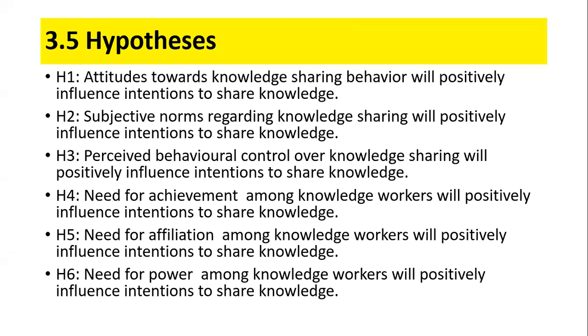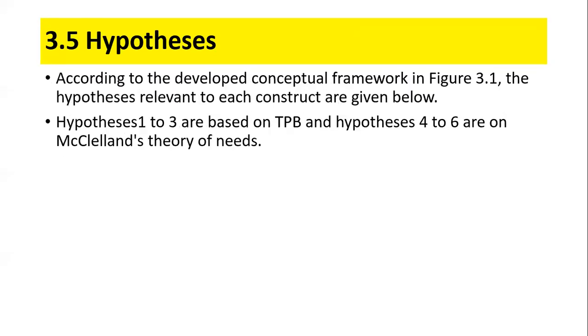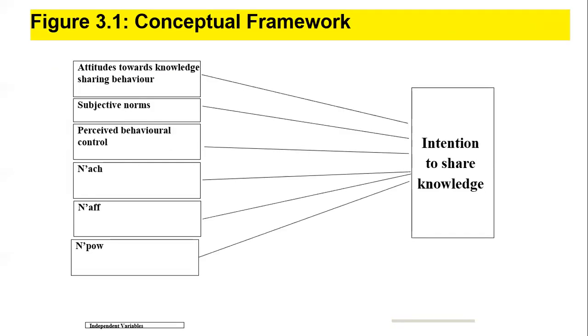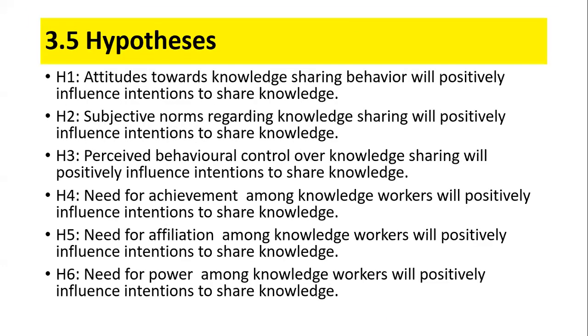Perceived behavioral control over knowledge sharing will positively influence intention to share knowledge. Then H4, need for achievement. Need for achievement among knowledge workers will positively influence intention to share knowledge.